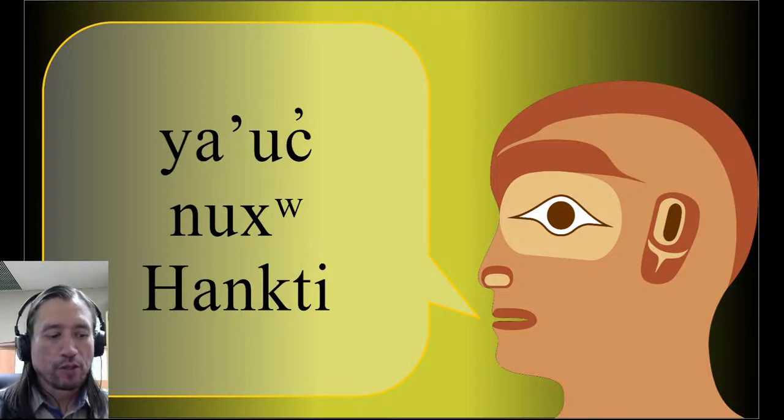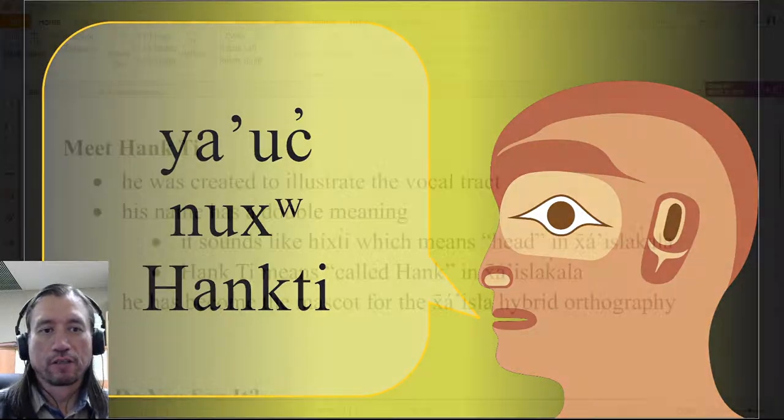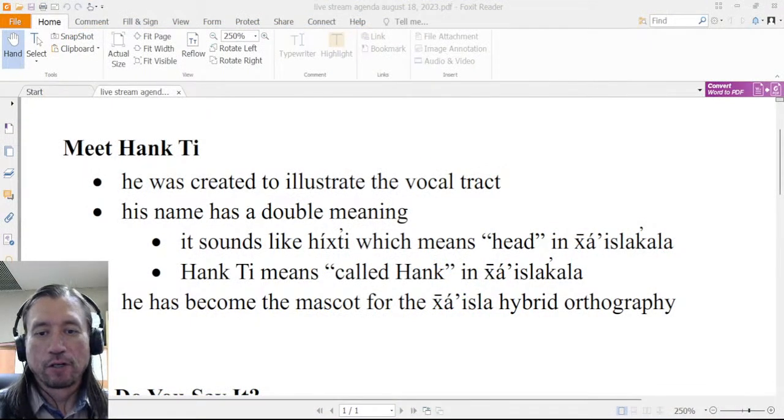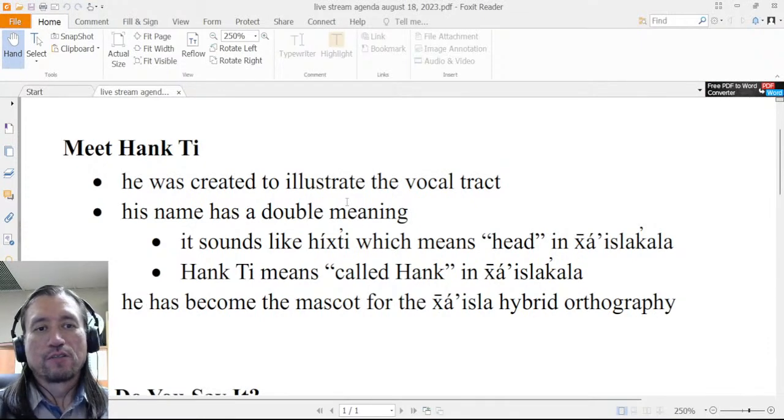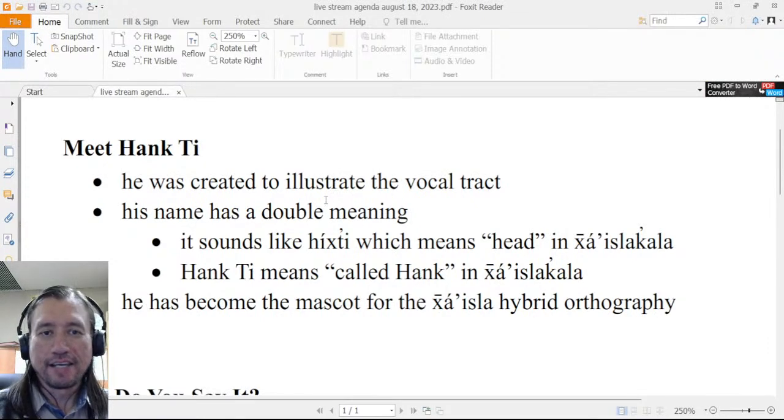I'm just going to switch to a different screen here. I have something prepared, a document that I wanted to go through. So I would like you to meet Hank T. He was created to illustrate the vocal tract.